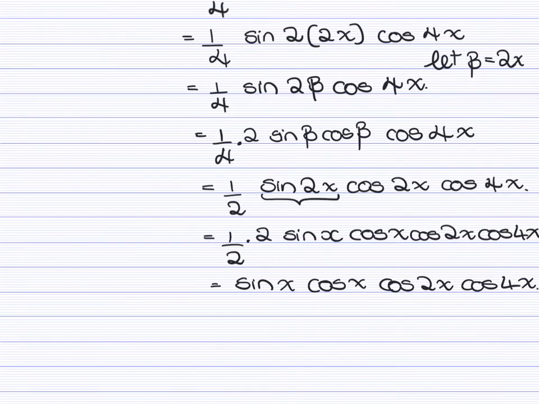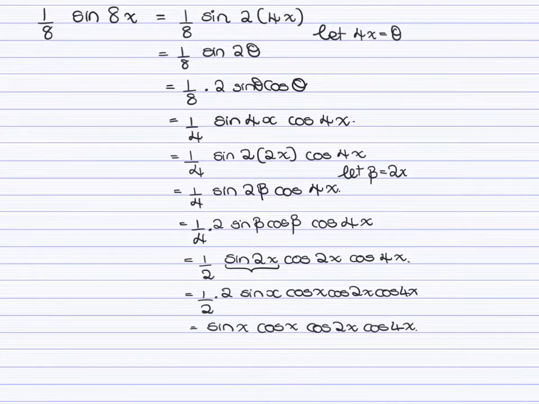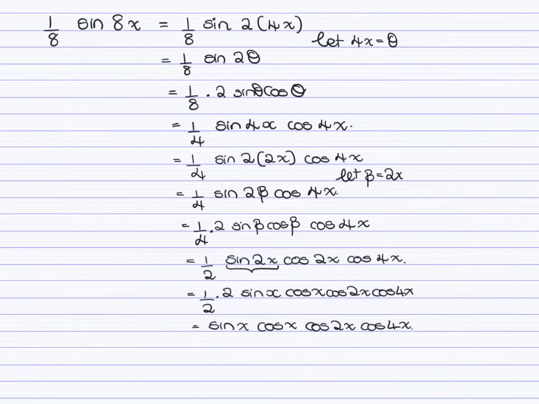Like I mentioned, you don't have to do the substituting in of the beta and the theta. If you can see the thing straight away, the double angle formula straight away. Okay, so if you were to go back and look at our working here, what you would have in your working is the steps I'm going to highlight now. You would have that, okay?